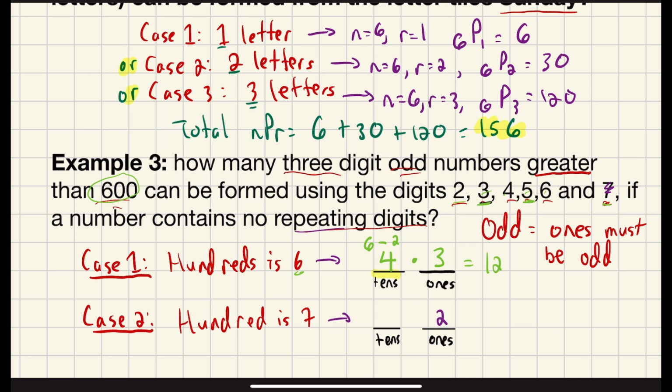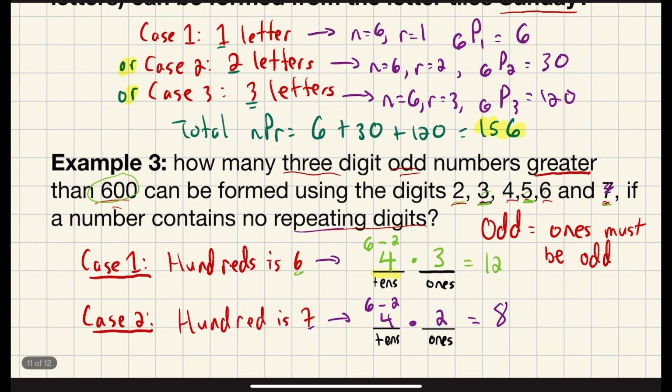And then if we look at the tens, out of 6 numbers, you can't choose the 7, and you can't choose the number that you chose for the ones. So that is also going to leave us with 2 fewer options than we originally started with. So 6 minus 2 is going to be 4 here. And so 4 times 2 gives us 8.